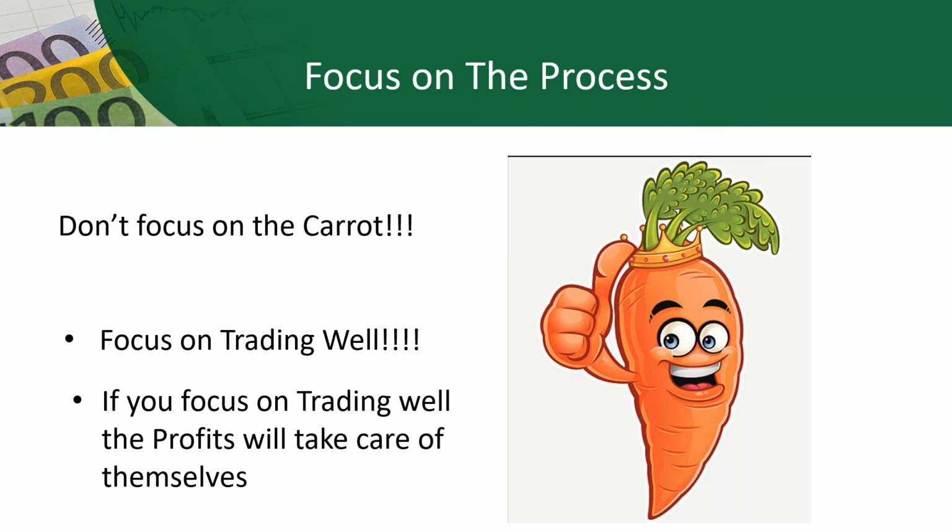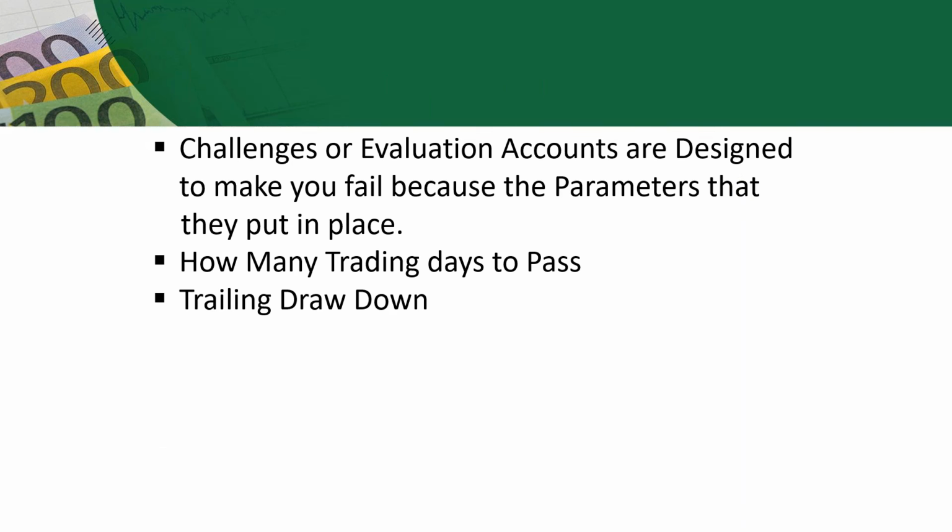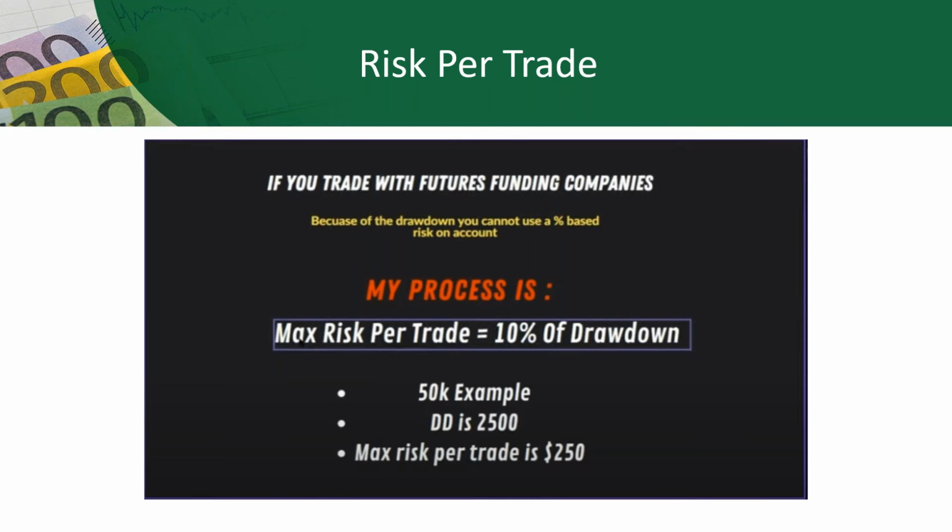So it really has nothing to do with your methodology. What's in between your ears is the biggest problem. Most of the challenges or evaluations, or whatever your firm calls them, are really designed to make you fail because of how many trading days to pass and the trailing drawdown, which is the biggest one. This is my process.